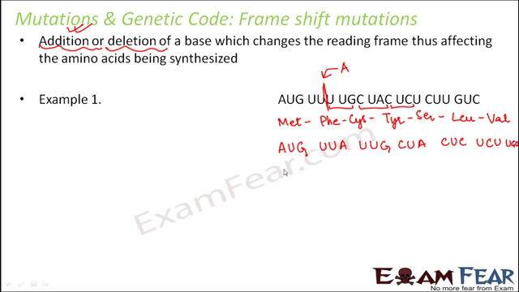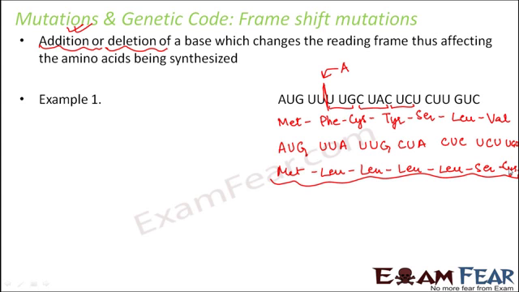So now what is happening in this case? The first one is still methionine. UUA, what is UUA? It is going to be leucine, and then again leucine, CUA is again leucine, then finally serine, and then cysteine. Now if you compare the sequence of this amino acid with the earlier one, both of them are completely different.